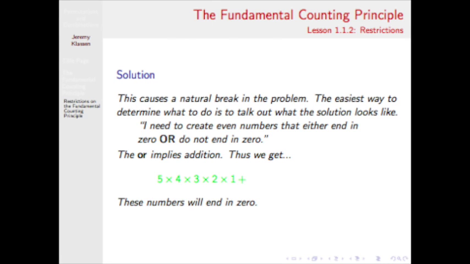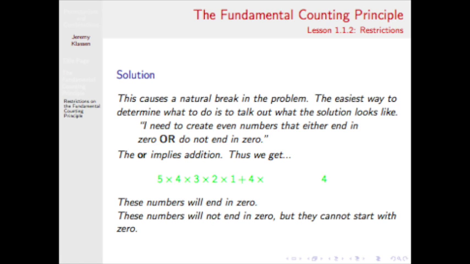Now we need to consider the set of numbers that we can create that are even, but don't end in 0. To accomplish this, we have 4 non-zero even digits that we can use as the last digit of our number. But this gives us a scenario where there's only 4 choices for the first digit, because in this set of numbers, we cannot begin with 0, so 0 is not one of our options.